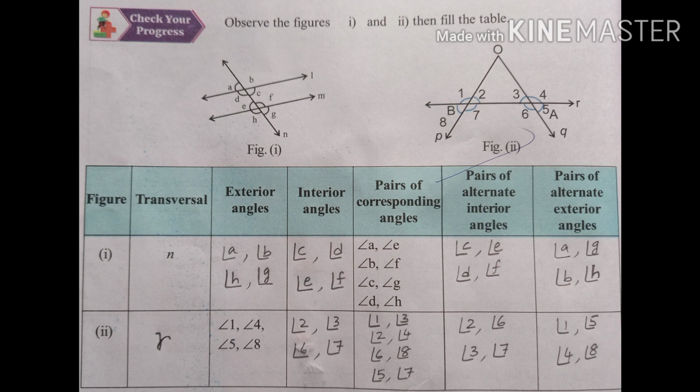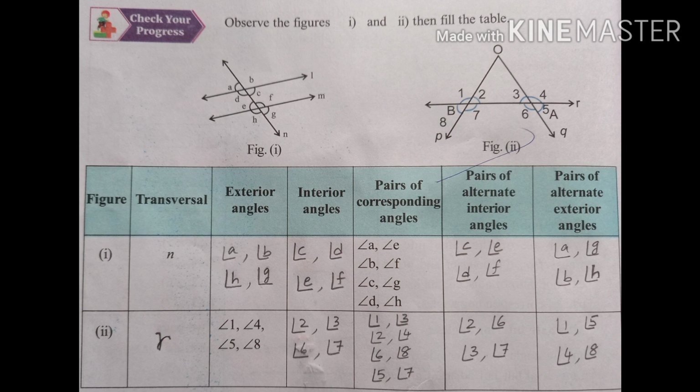Why? Because they lie on the same side of the transversal and one is exterior and another one is interior. Similarly, angle B and angle F, angle C and angle G, angle D and angle H.